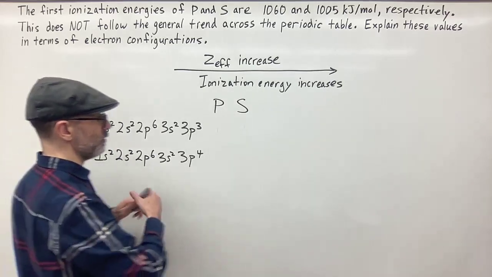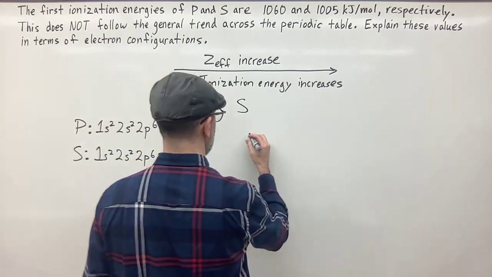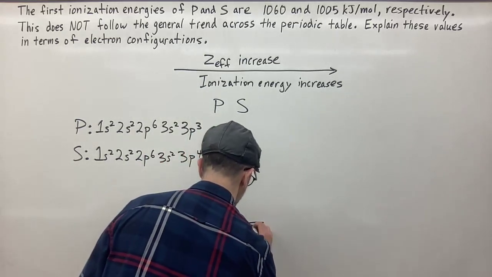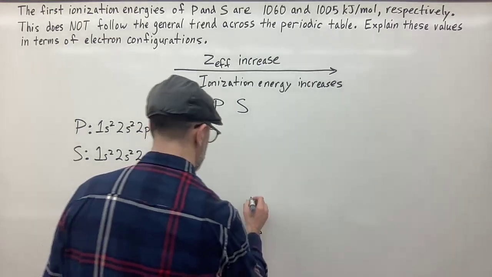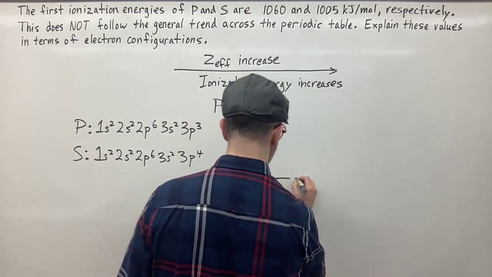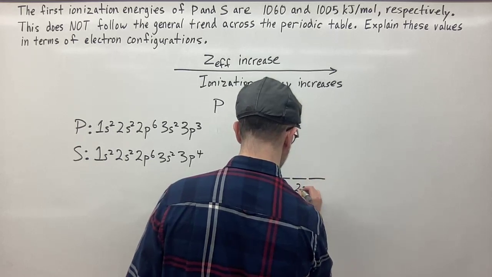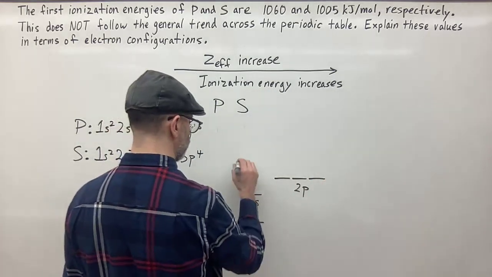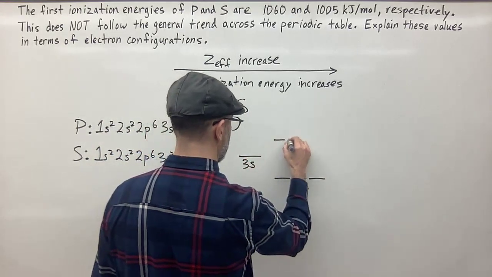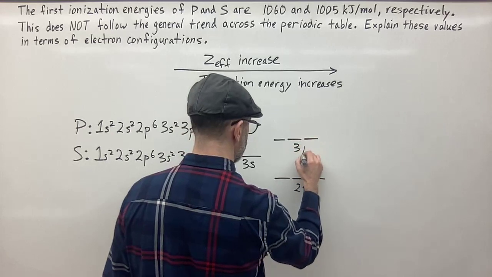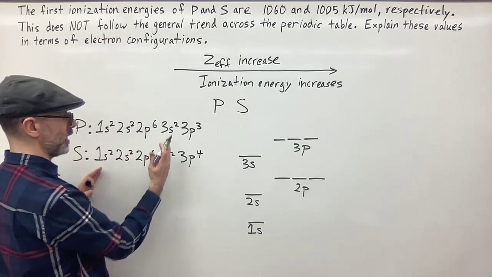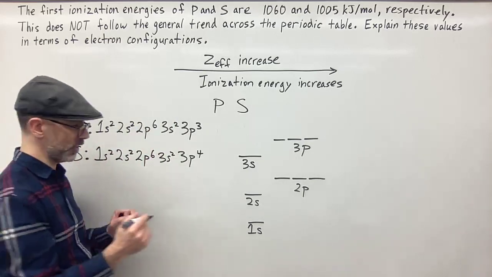So here, if we can get a clearer picture, if I do the orbital diagram, right? We have 1s here, then we have the 2s at a higher level, then we have the 2p orbitals, the 2p sublevel, then we have the 3s, and then we have the 3p. Now, both of these have everything the same up to 3s2, so everything is full.